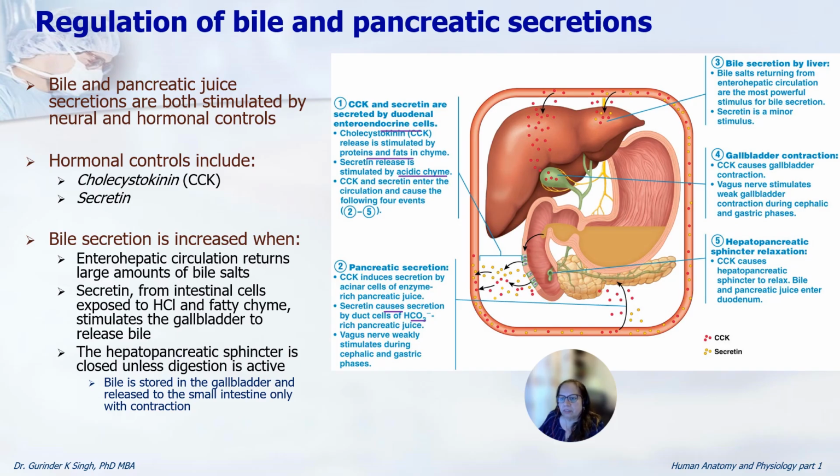Cholecystokinin also works on the gallbladder, and it enhances its contraction. The vagus nerve can also affect the gallbladder's contraction. CCK also causes the hepatopancreatic sphincter to relax, hence increasing the release of the pancreatic juice into the duodenum. So those are the ways they can affect.